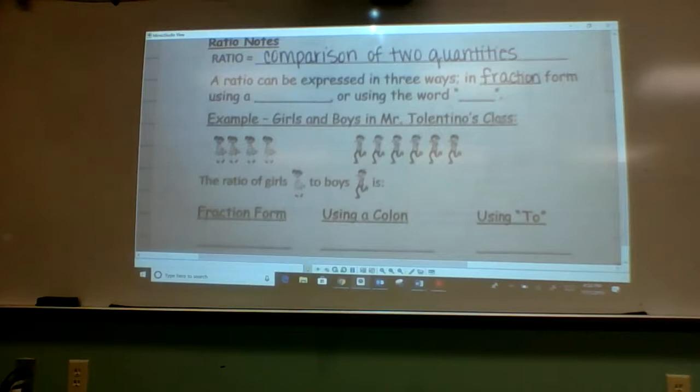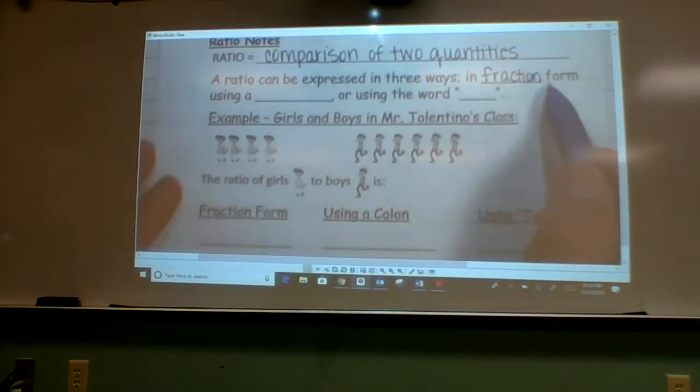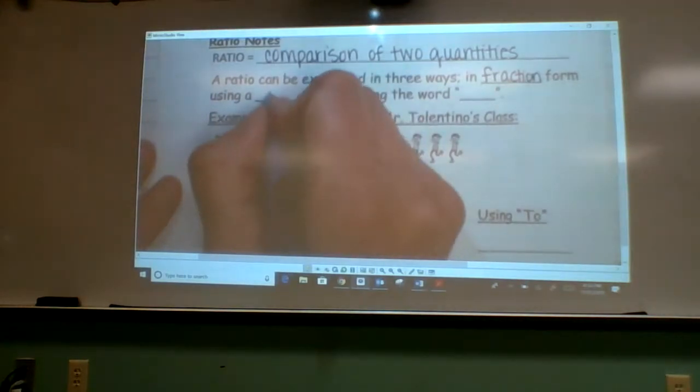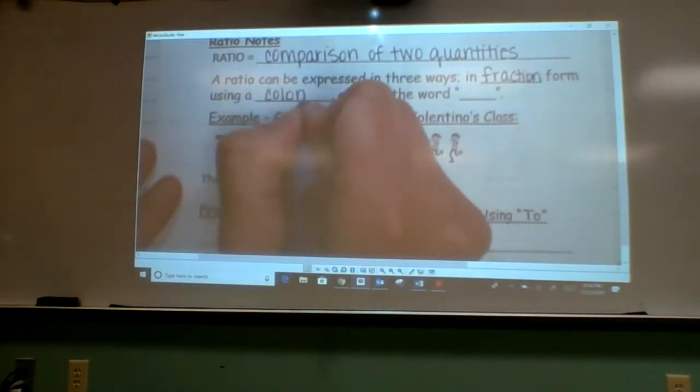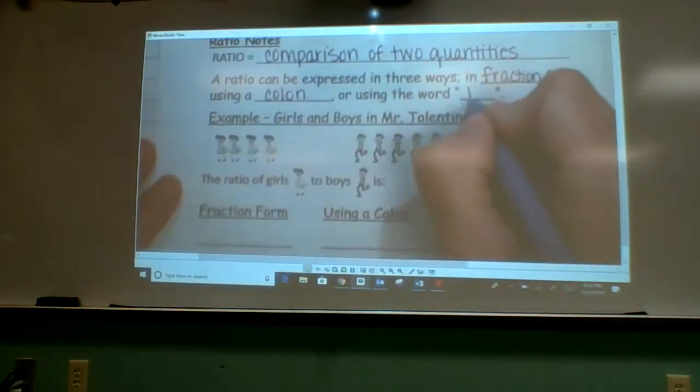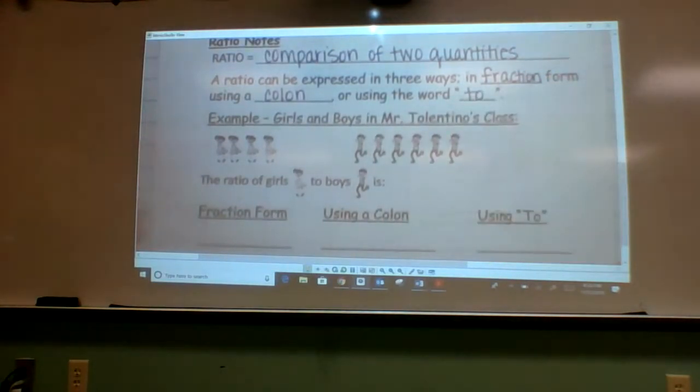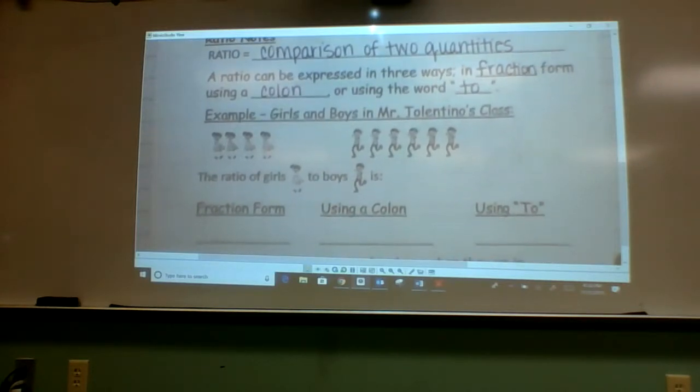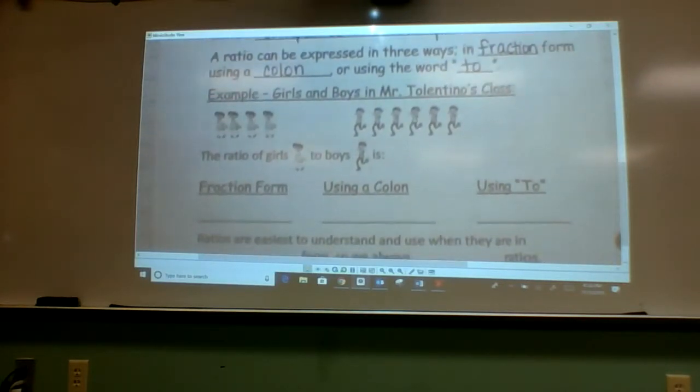And we're going to talk more about that a little bit later. We can write it in fraction form, using a colon, which are those two dots, or by using the word to. When we say a ratio, we say 3 to 5, and we use the word to whenever we're talking about ratios. So here's an example.